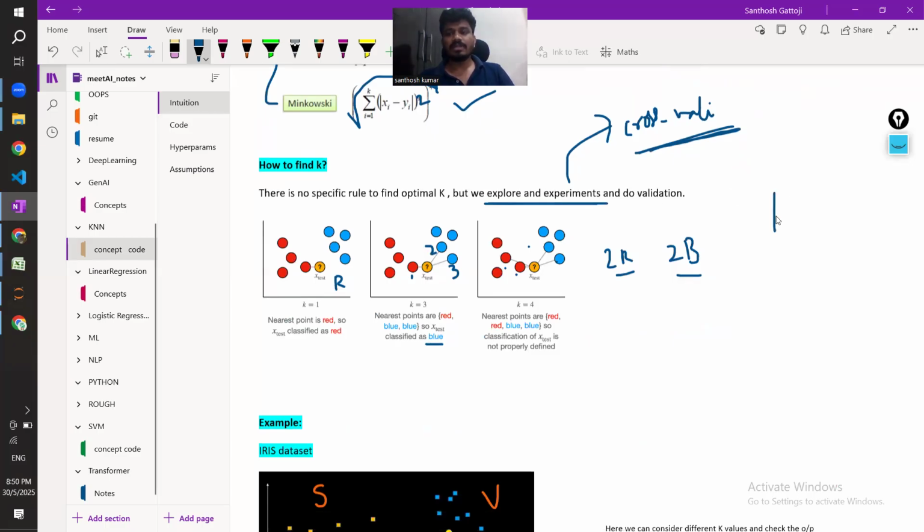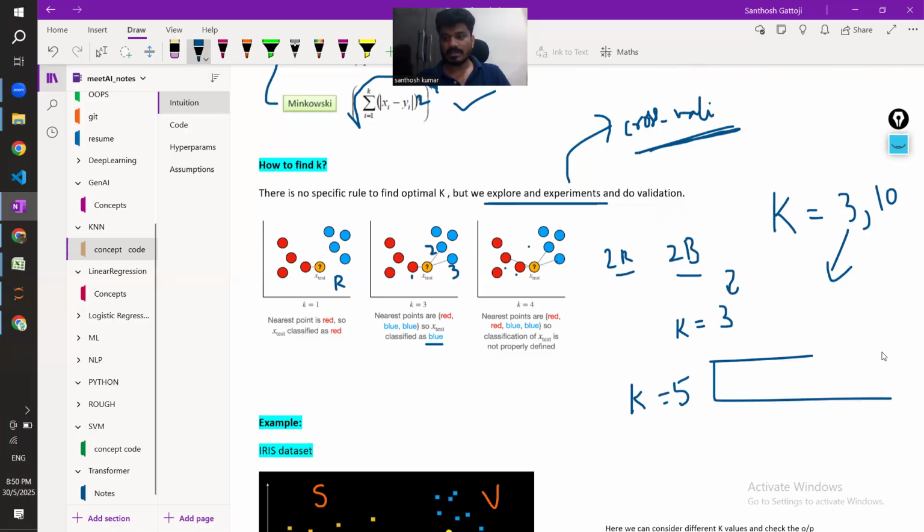How we explore is this way. You start with a range of K, let's say 3 to 10. In the first step K equals 3, with cross validation of, let's say, 5, inside a loop. That means it divides the data into 5 parts and generates 5 models.